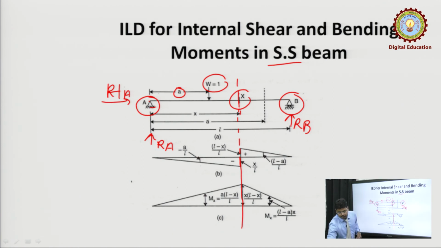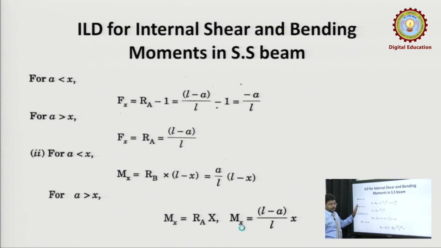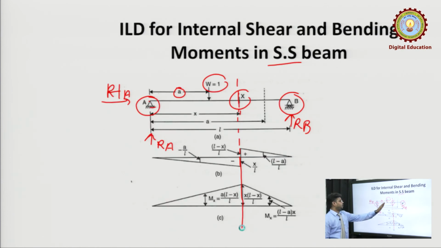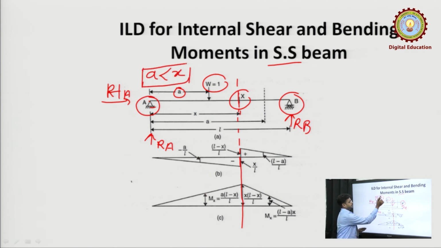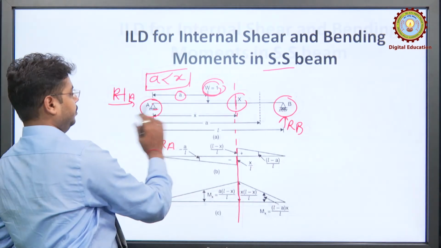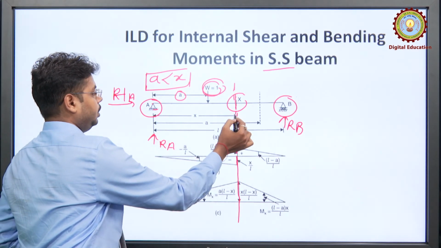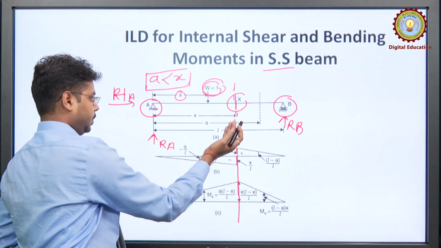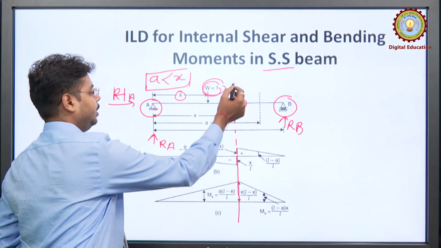When a is less than x, this condition will occur when your unit load is on the back side of the section.